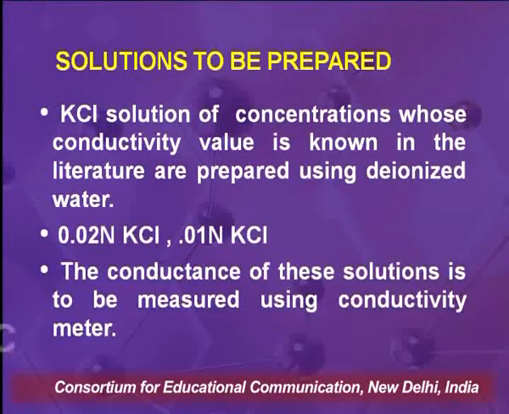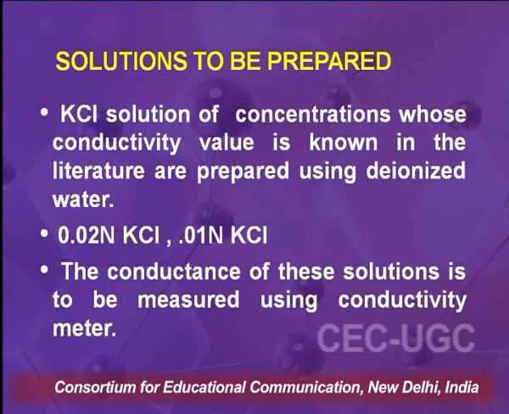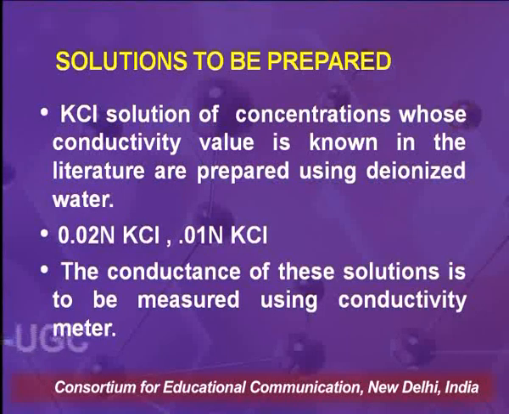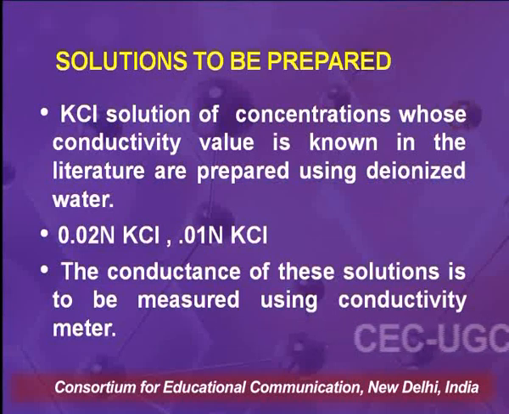Solutions to be prepared: KCl solutions of concentration whose conductivity value is known in the literature are prepared using deionized water. The concentrations of KCl solutions to be prepared here are 0.02 normal KCl and 0.01 normal KCl.